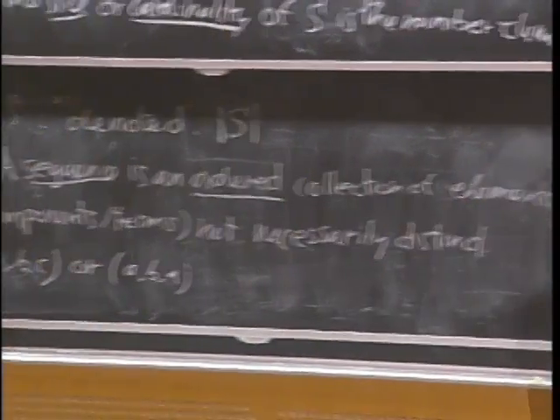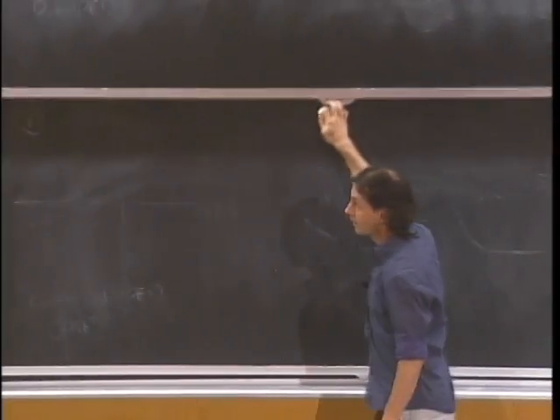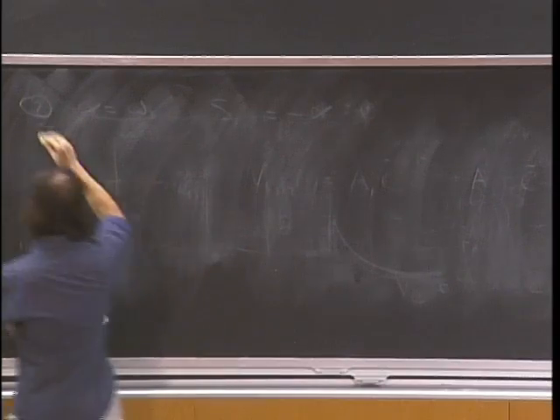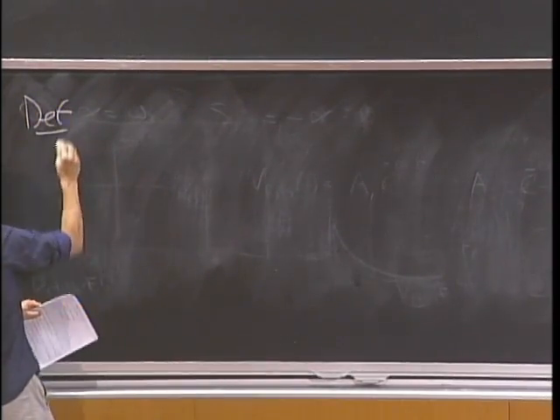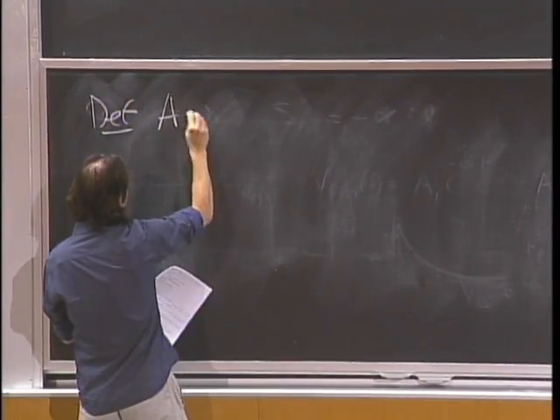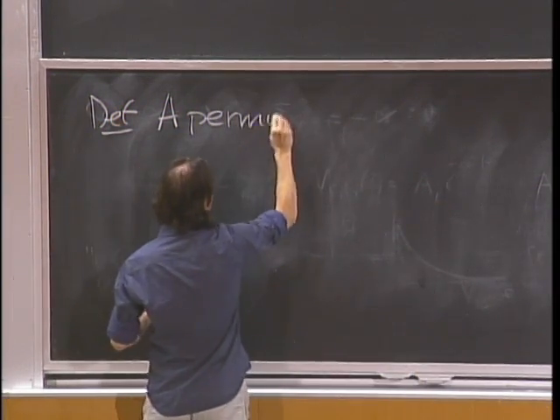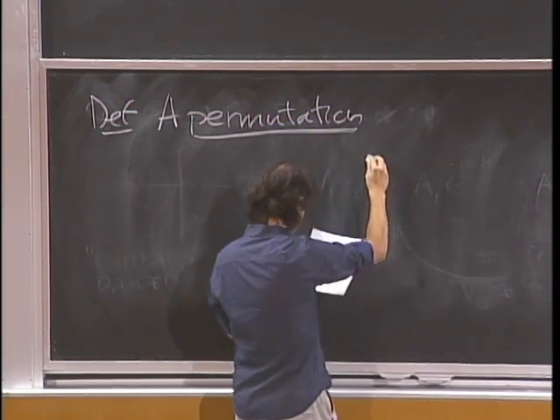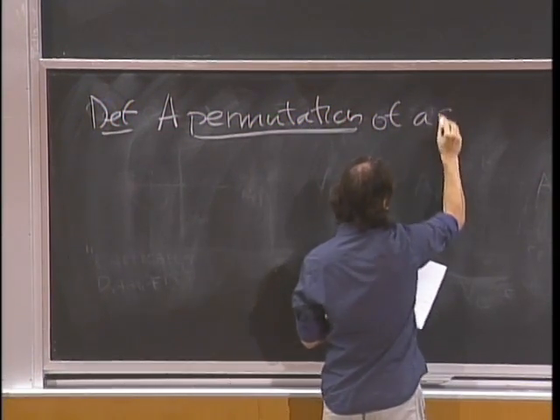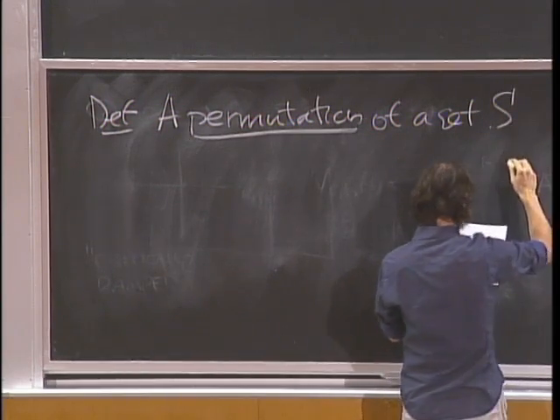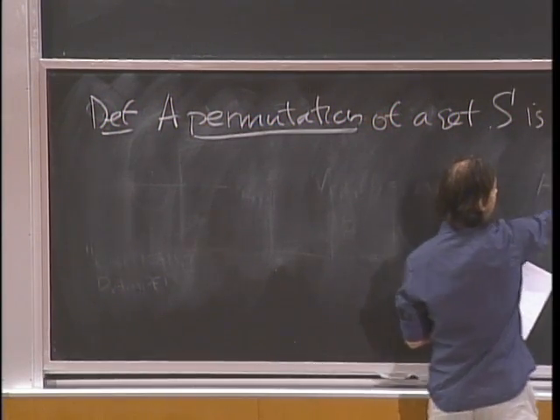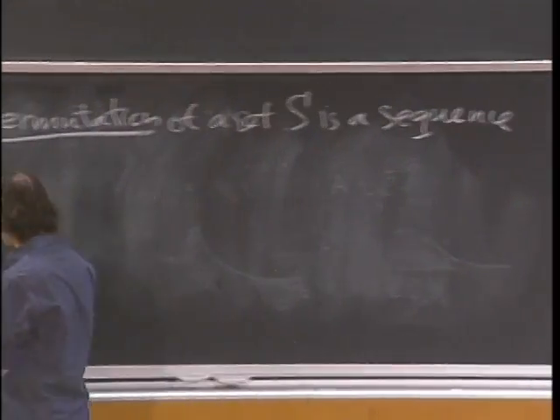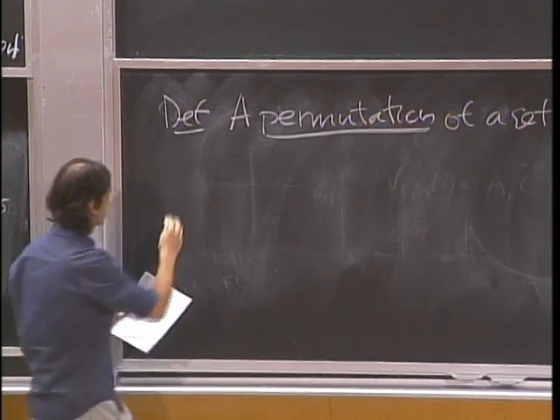So we're going to relate sets and sequences. And let's talk about the permutation. So a permutation of a set is defined as follows. A permutation of a set S is actually a sequence that contains every element in S exactly once.